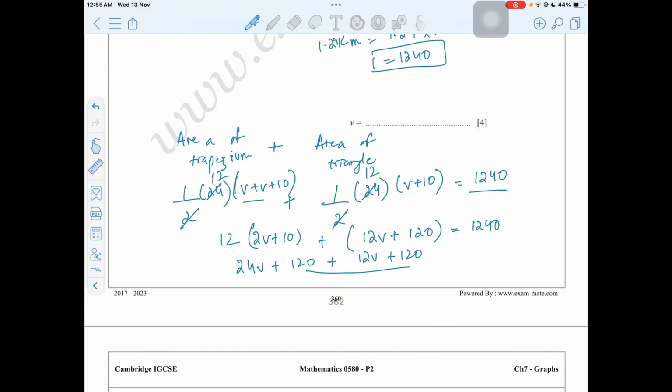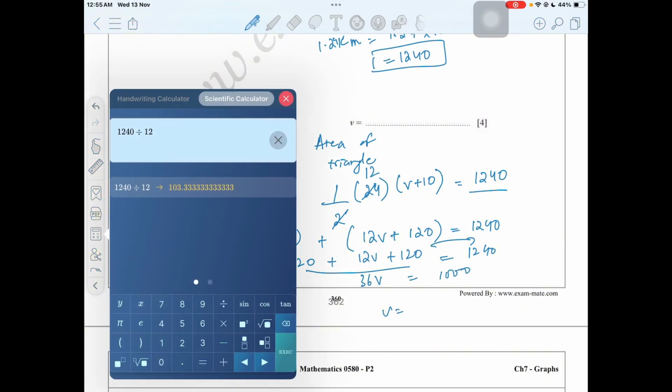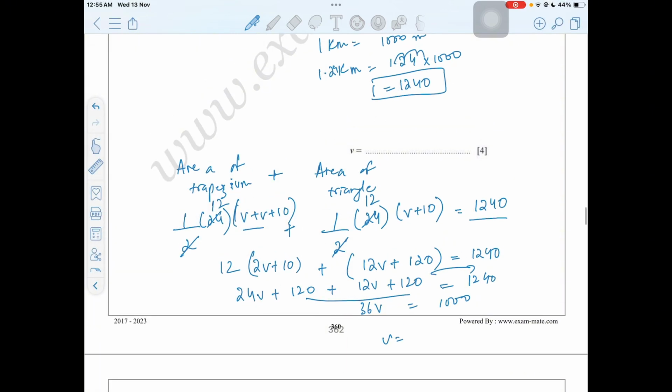So we have this as 240 over here, and this is 1240. This would be subtracted, and here we'll have 36v. So v would be 1000 over 36. This is 27.78. I think we have made some mistake over here.